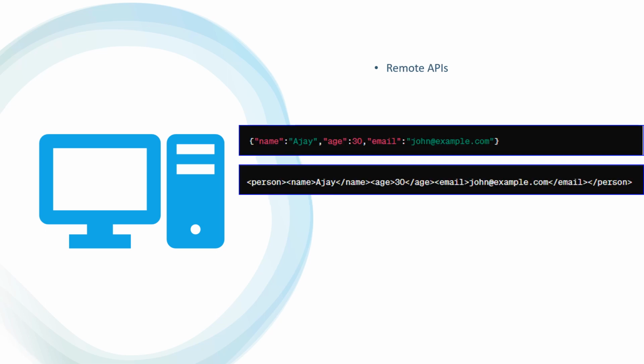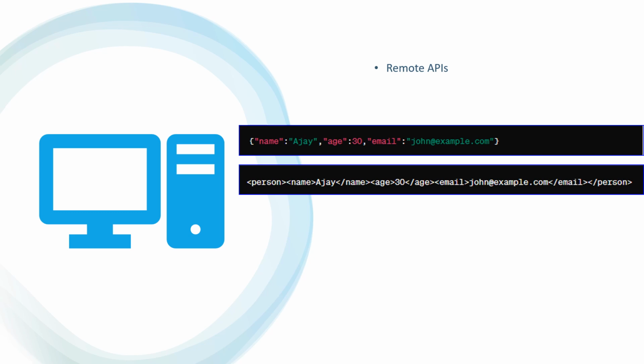Remote APIs enable communication between different software systems across a network. Remote APIs include RPC, which is Remote Procedure Call APIs, and REST APIs. RPC is basically a communication protocol that allows a program to execute procedures or functions on a remote server. The terms REST API and web API are often used interchangeably, but there is a basic difference.